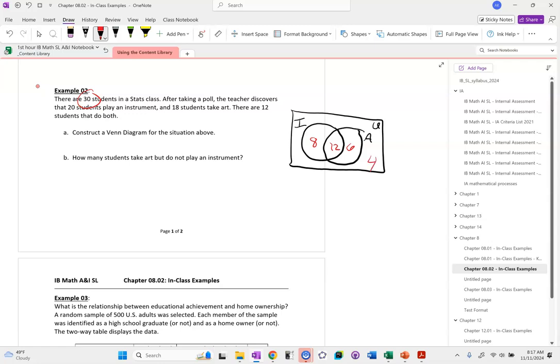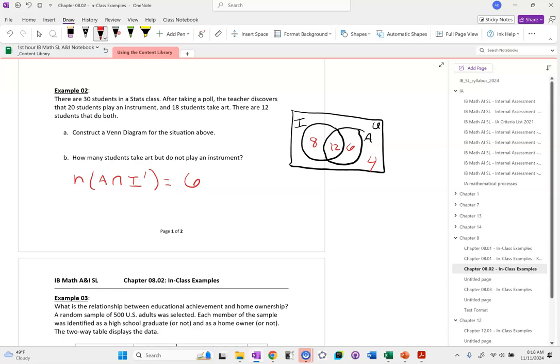Everybody's good? Okay. How many students take art but do not play an instrument? The little N on the outside stands for the number of things in the set. So that's take art and not an instrument.